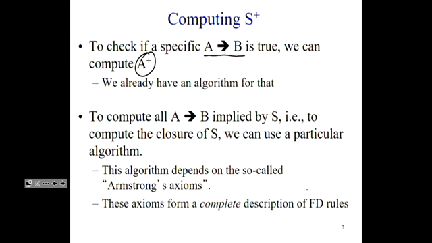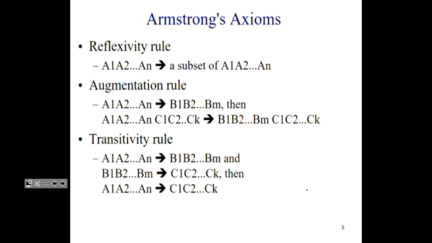In order to compute all A implies B that are implied by a given set of functional dependencies, that is, if we want to compute the closure of a set of functional dependencies, we require an algorithm that derives from this framework which is called Armstrong's axioms. These are properties or rules that you could use to derive new functional dependencies given a set of functional dependencies. So what do these Armstrong's axioms look like?